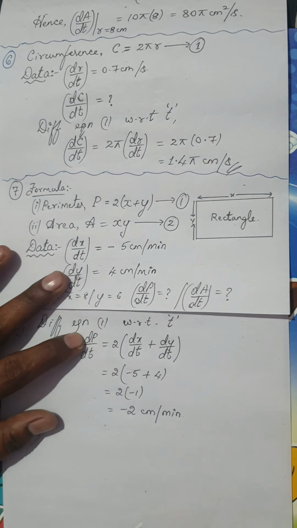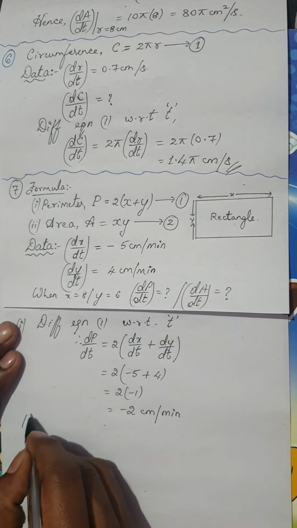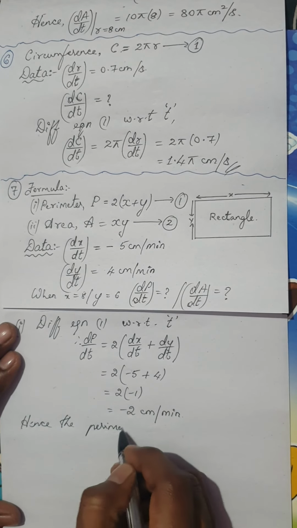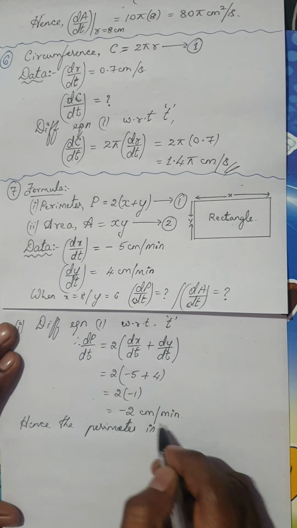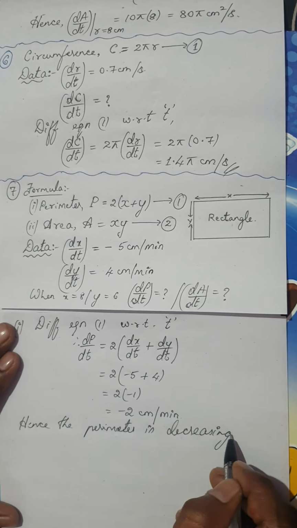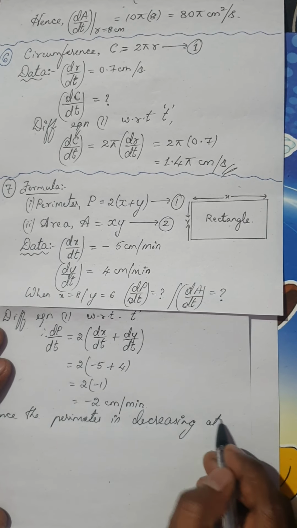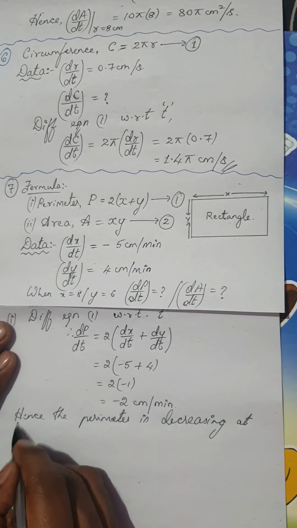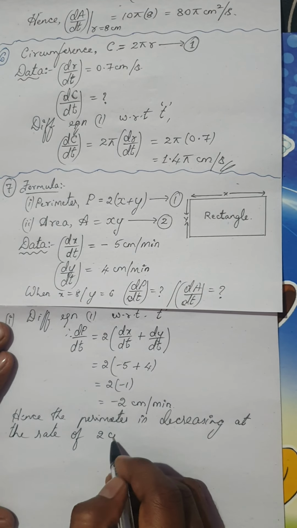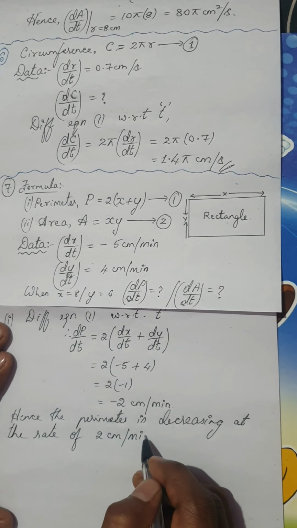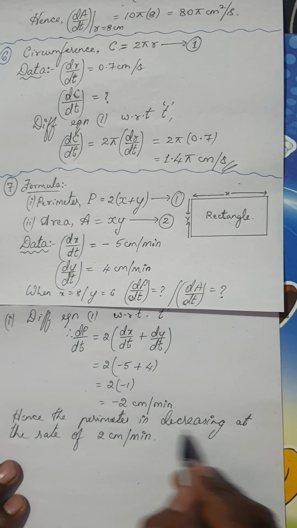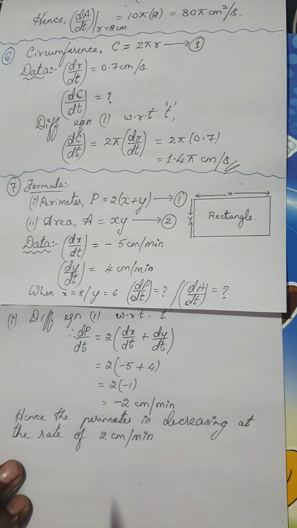Hence the perimeter is decreasing at the rate of 2 centimeter per minute. The decreasing will tell you the reason for the negative sign.